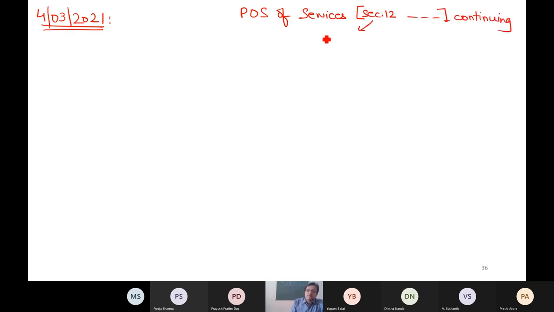In section 12, the provisions apply when the location of supplier and the location of recipient both are within India. Only then I can apply this section 12. So I am discussing now my 8th special service, or I should not use the word special, it is specified: services provided on board a conveyance.